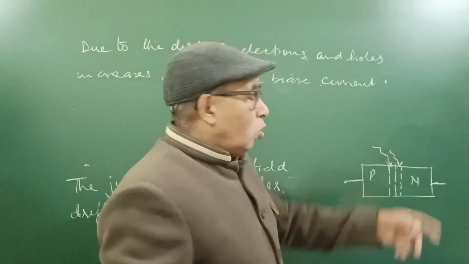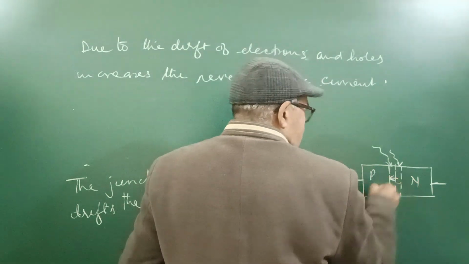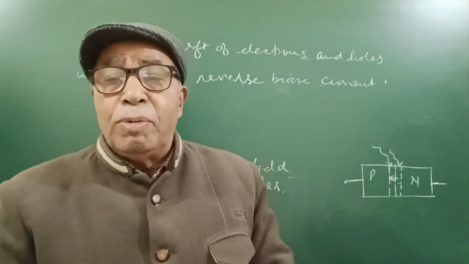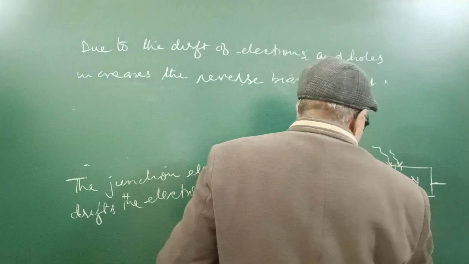Electron-hole pairs are created which are separated by the junction field and drifted this way. Before they recombine, these electron-hole pairs are drifted and the reverse bias current increases.